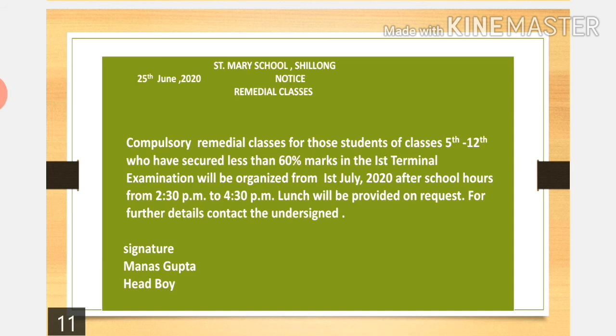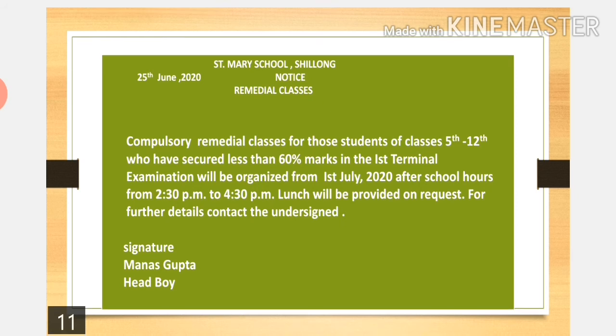The word notice follows after that, and then the heading, that is remedial classes, and the date has been mentioned at the left hand side of the page, that is 25th June 2020.